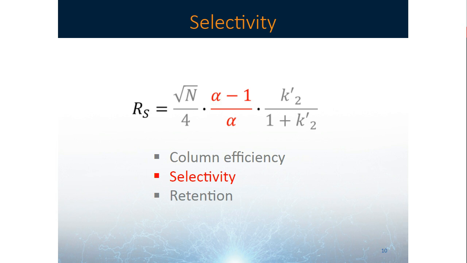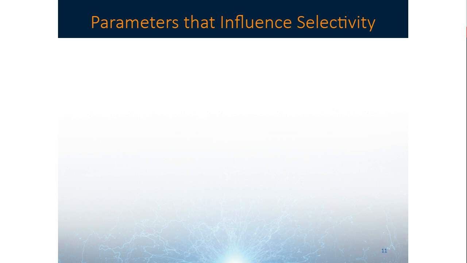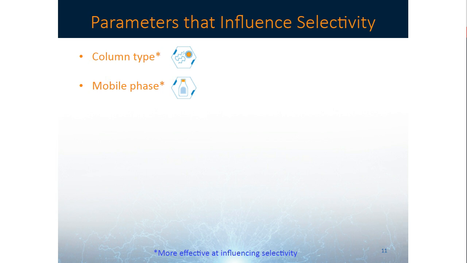And what parameters influence selectivity? So you have first your column type, and what I have starred here, those are more effective at influencing selectivity. First, the mobile phase will influence your selectivity. The pH, especially, in particular for ionizable compounds. Temperature.